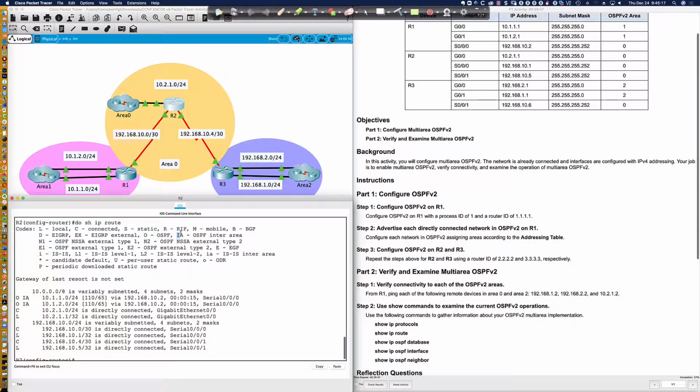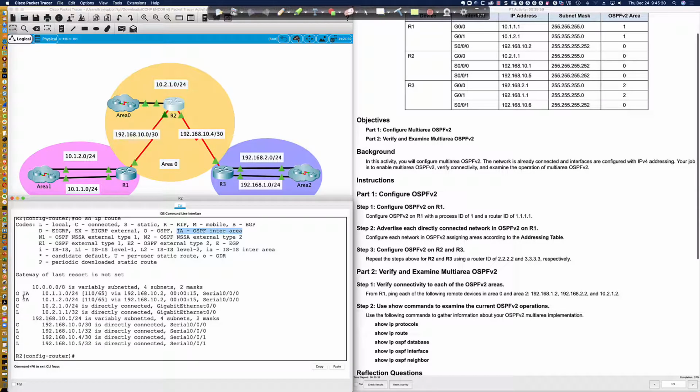If you have O IA, it means it's an OSPF inter area route, a route learned from another area. And that is what we're seeing with these two advertisements right here. And O IAs, right, we are learning these through a type 3 LSA.